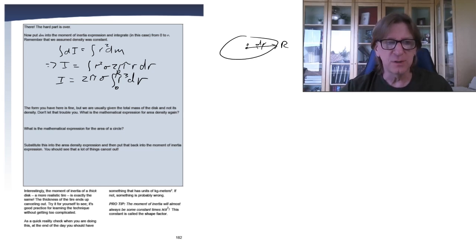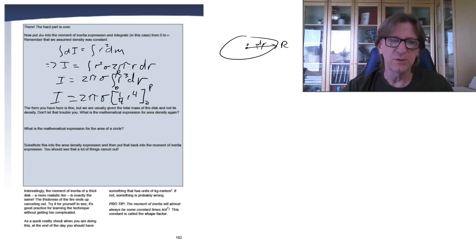All right, so let's take the integral of that. And so I is equal to 2 pi sigma. The integral of r cubed is going to be 1/4 times r to the 4th, right?